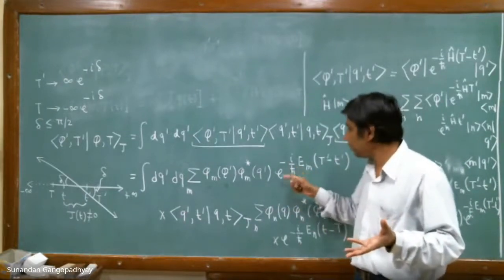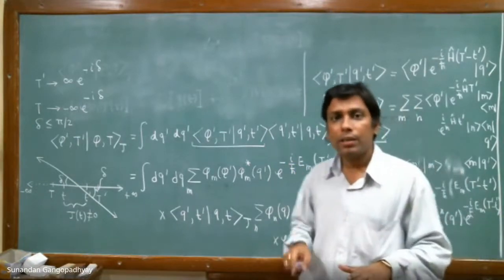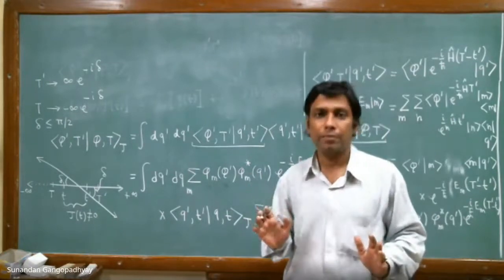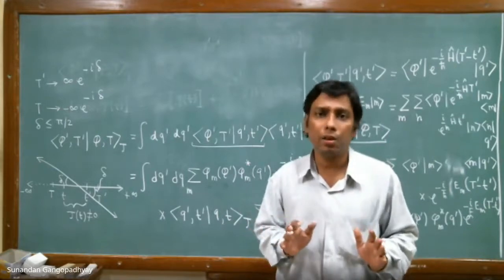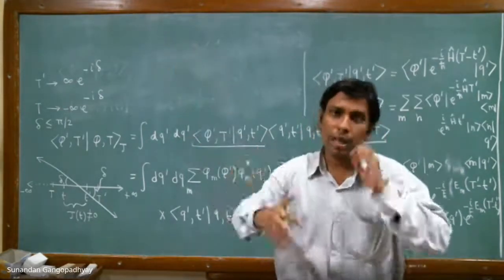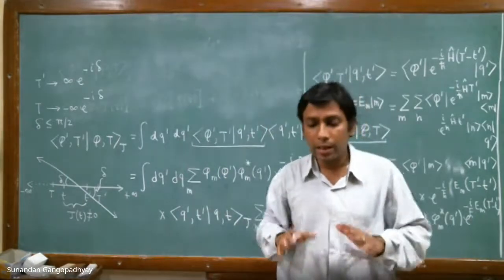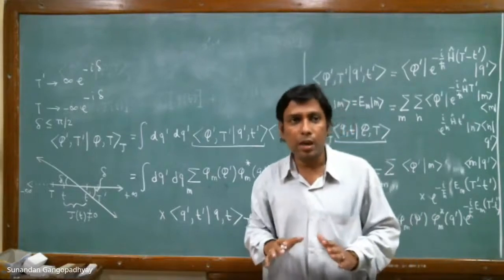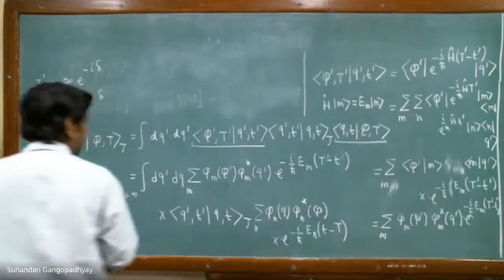So e to the power of minus E1 into infinity will be smaller than e to the power of minus E0 into infinity, for the simple reason that E1 is greater than E0. The same argument applies for the higher excited states also. So what will happen is that only the ground state term will survive. Excited terms will go to zero in this limit.